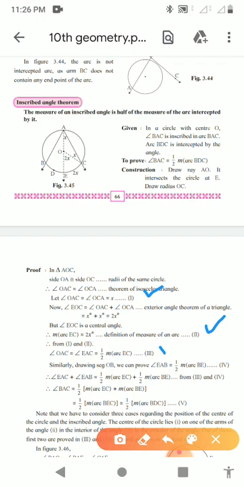The measurement of the arc is 2x, and this angle should be half of that 2x. I am giving this as equation number 3. Now I will draw segment OB, joining these two points.